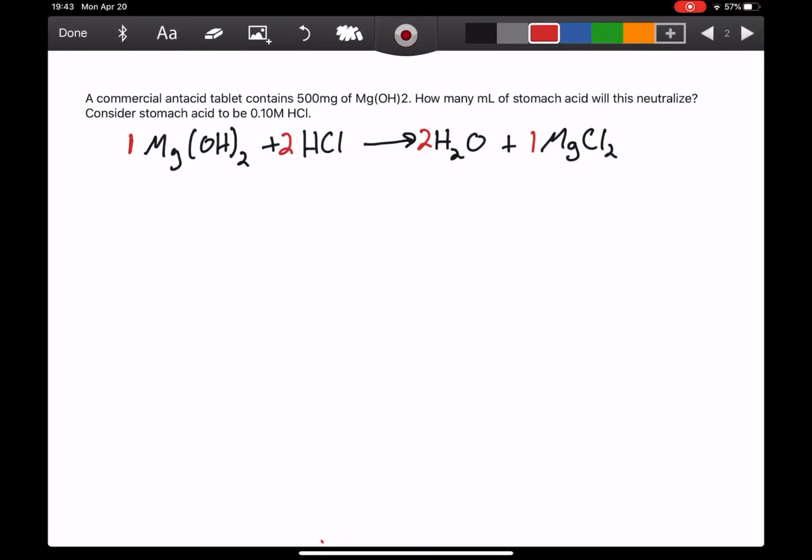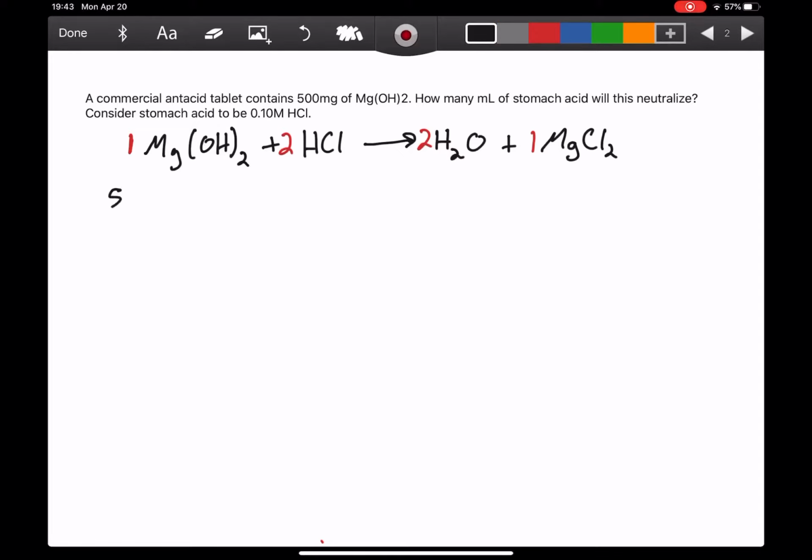So now we need to go from milligrams of magnesium hydroxide to milliliters of acid given a molarity. And this is going to be a multi-step process. So the first thing we have to do is go from milligrams to grams of magnesium hydroxide.